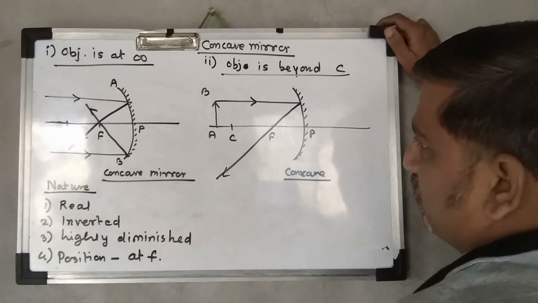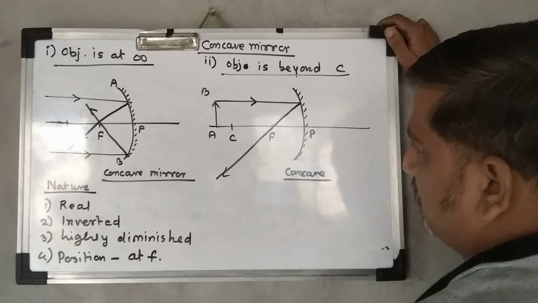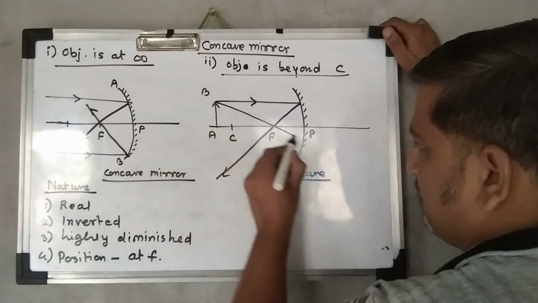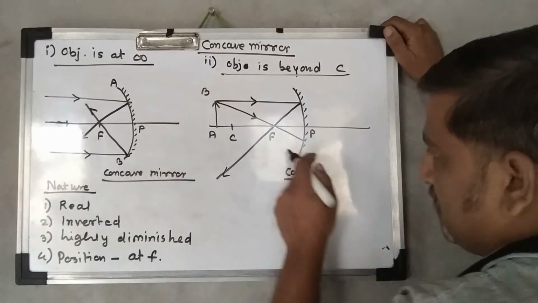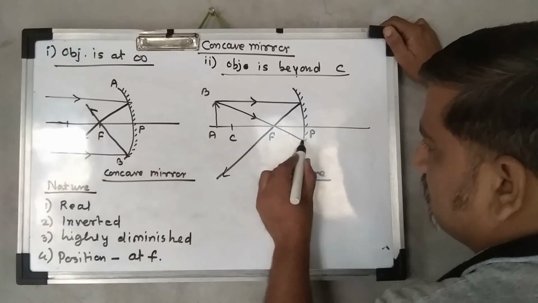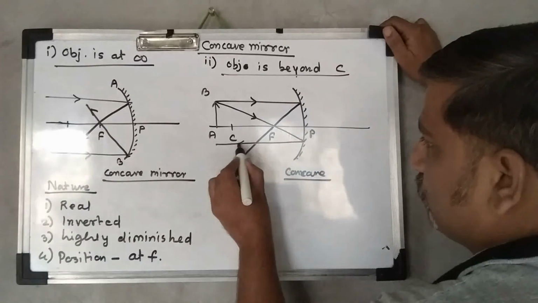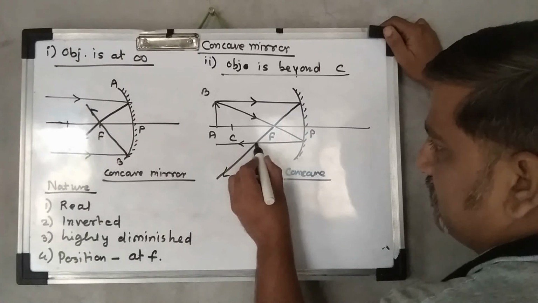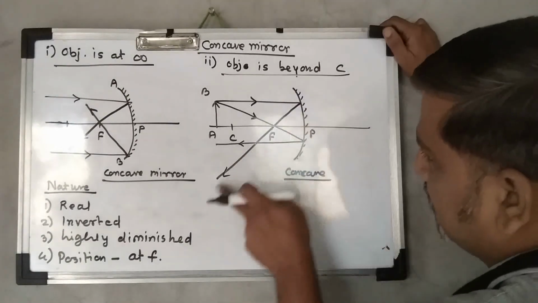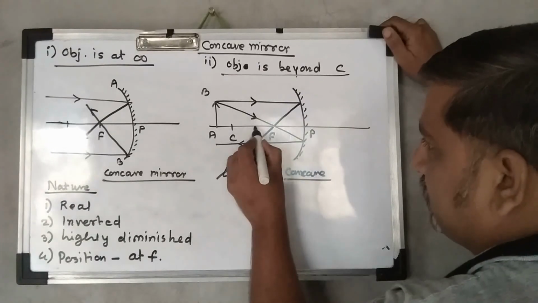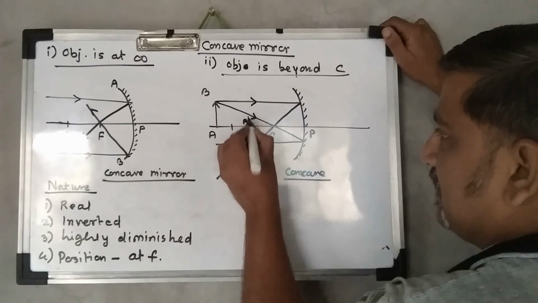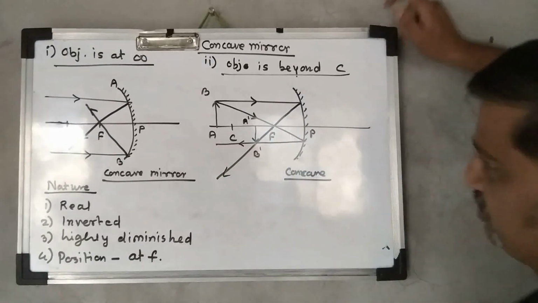Another ray you have to take: the incident ray passing through the focus, after reflection, is parallel to the principal axis. You will get the intersection of the reflected rays here, like this. This has A dash B dash as the image.